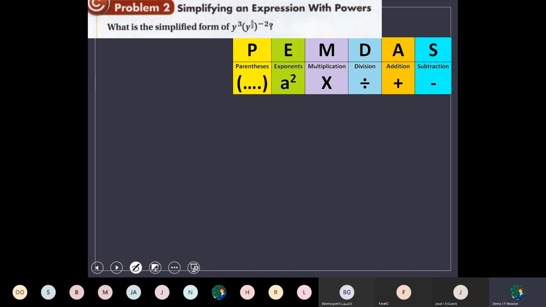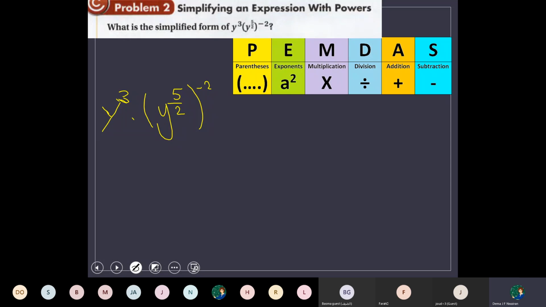Now, problem number 2, we have to simplify an expression with powers. So you have now y cubed times y to the power 5 over 2, raised to the power negative 2.